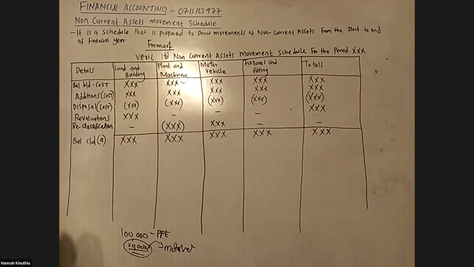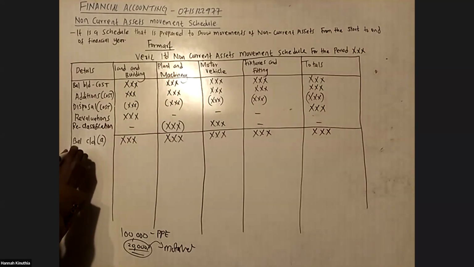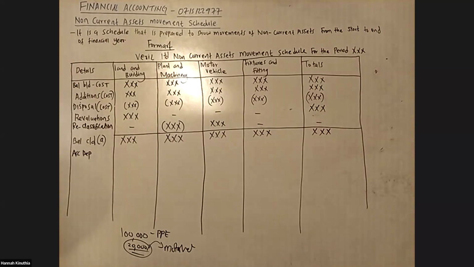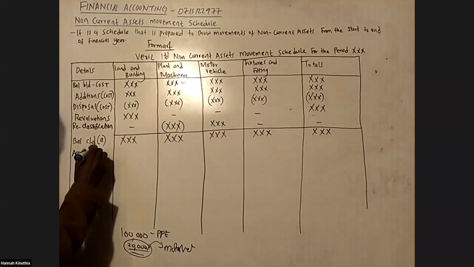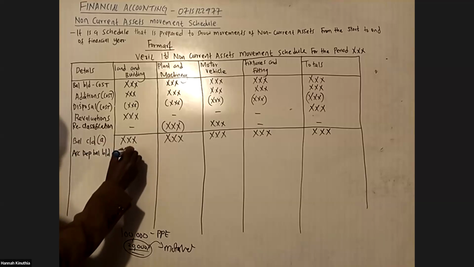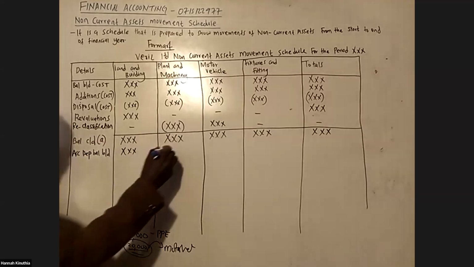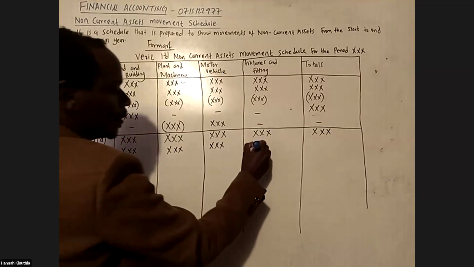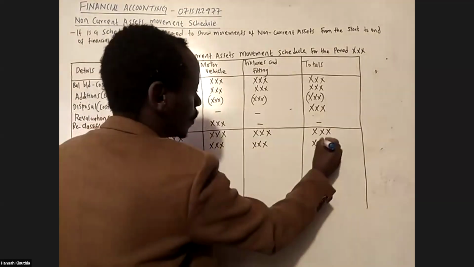Then accumulated depreciation, we put it here. So this one is balance brought down. I put it there. Accumulated depreciation, and the total.